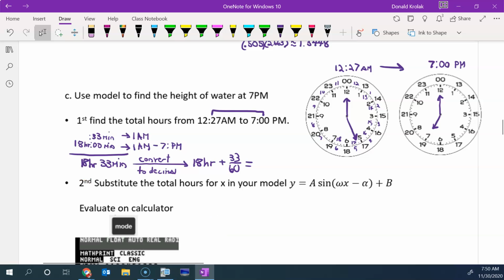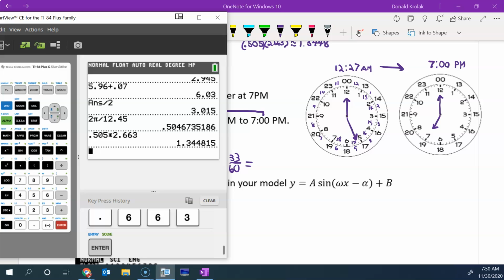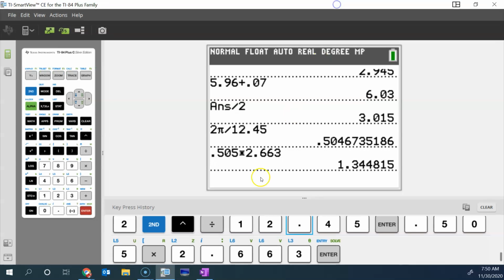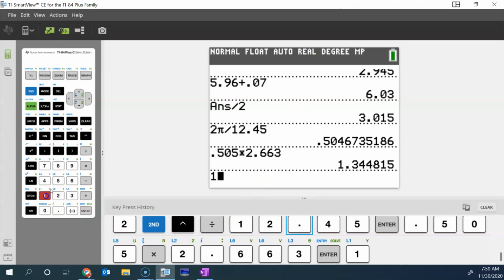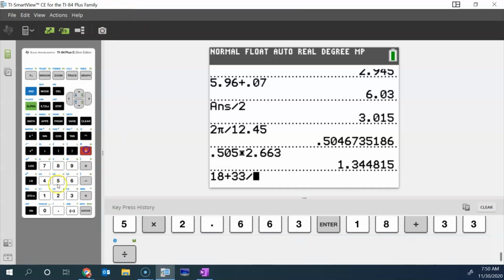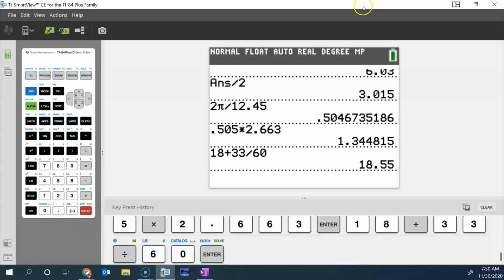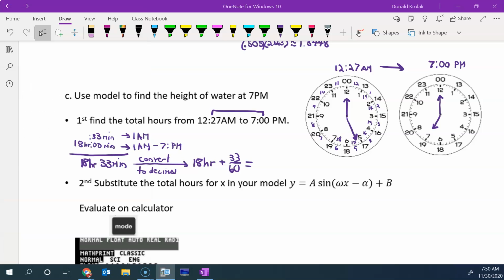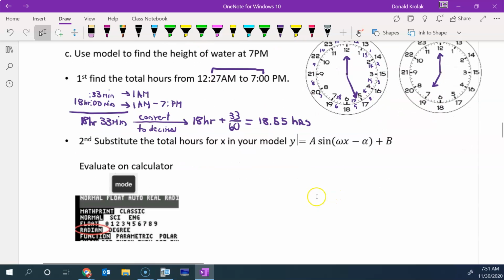Okay, so we do that. 18 plus 33 divided by 60 is 18.55.